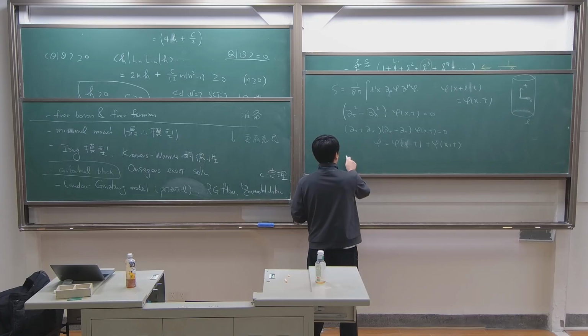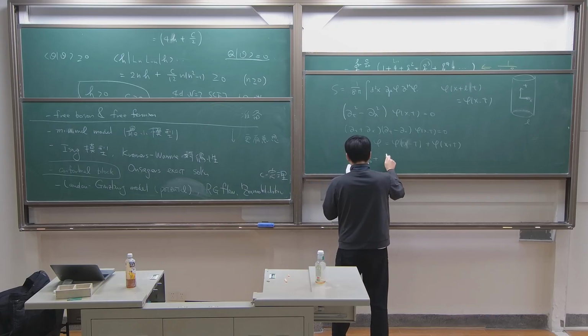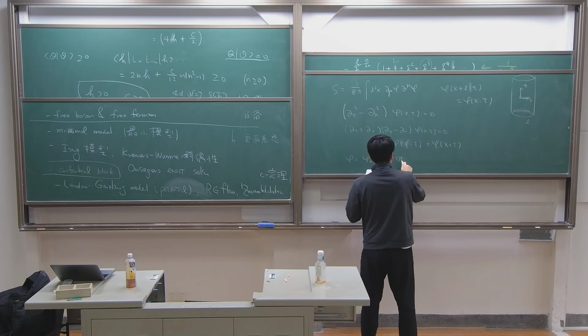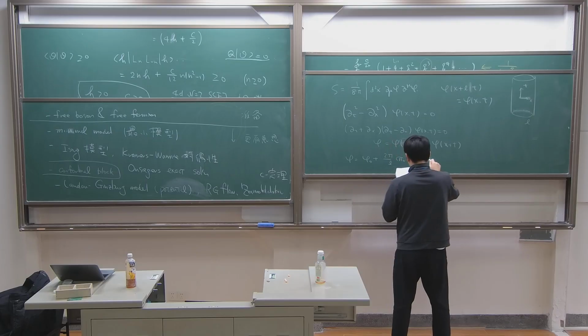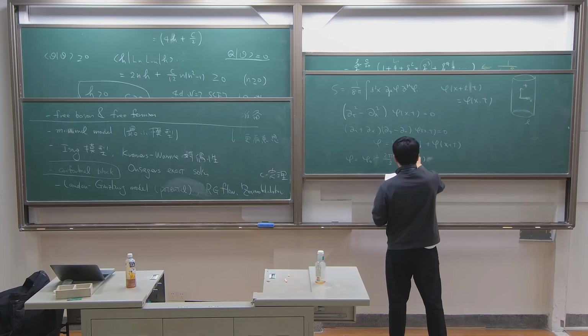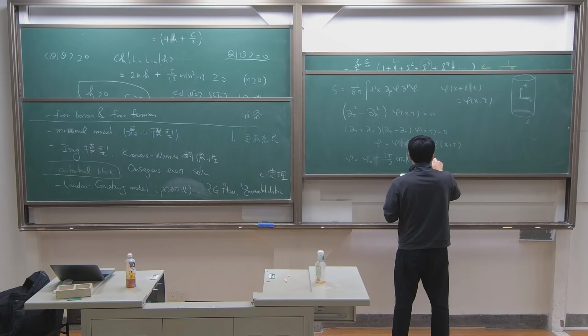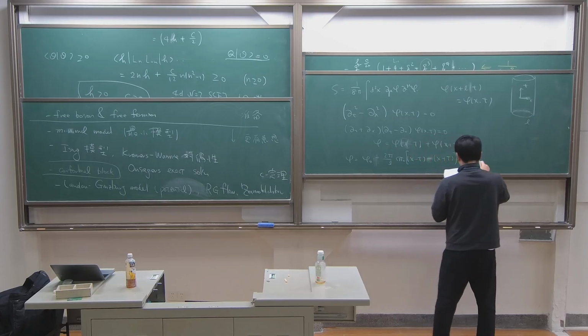And if you use a mode expansion, you have this one: 2 pi L, pi 0, x minus t, plus minus x plus t, this way, and then a sum.